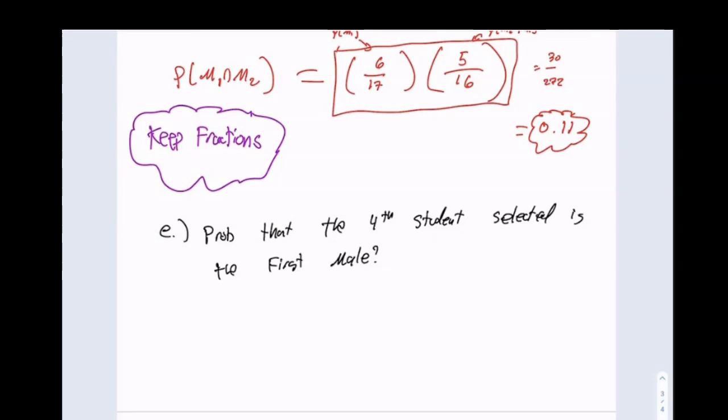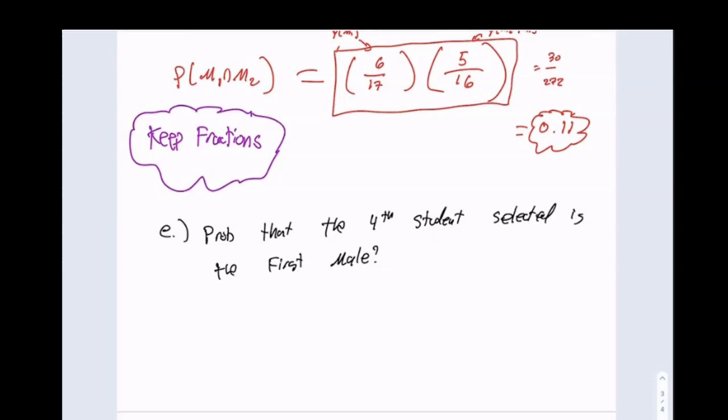Can somebody re-explain to me what it means? The 4th student is the first male. We've answered this question before. We had to remember those blood type problems. You might even have had a male-female type of question.